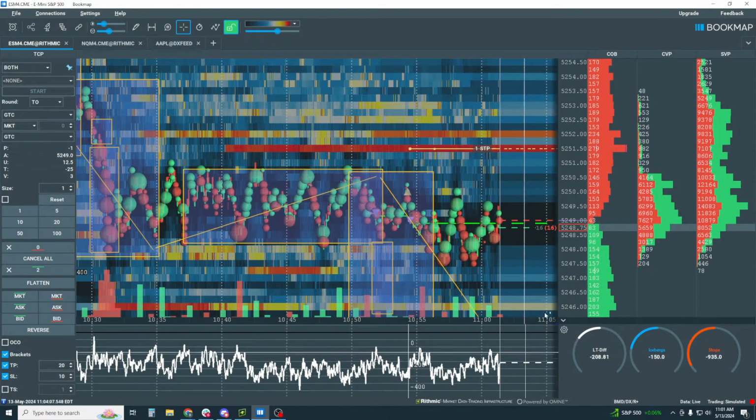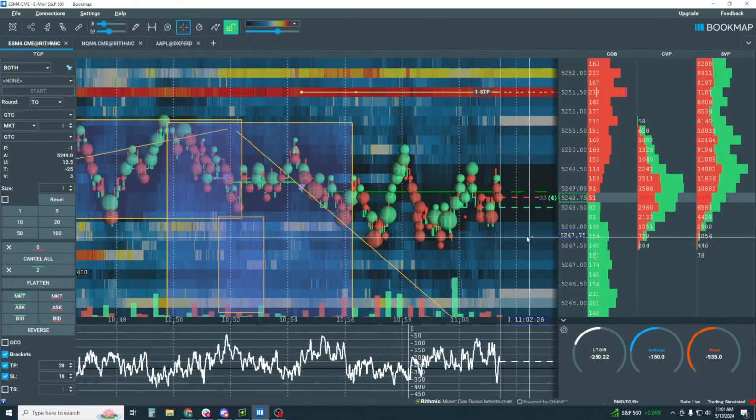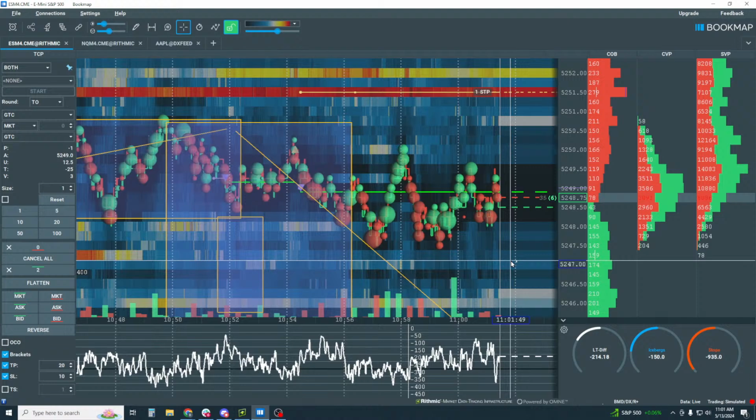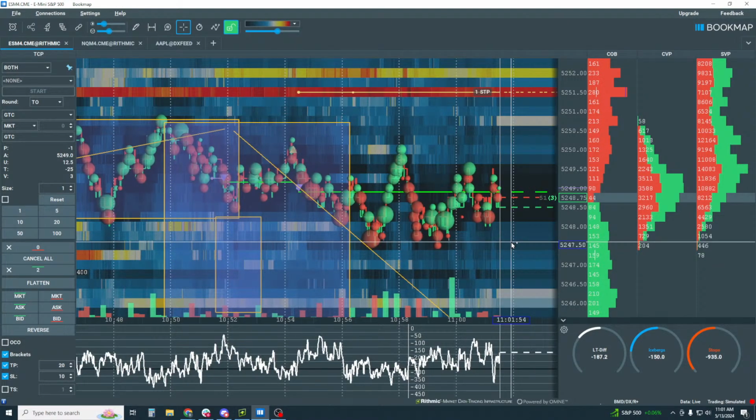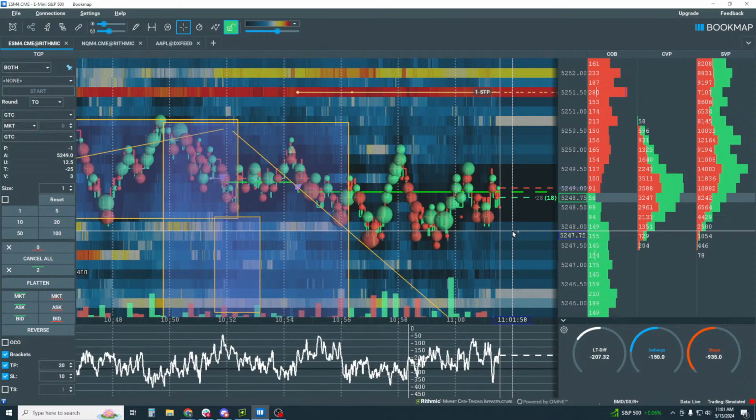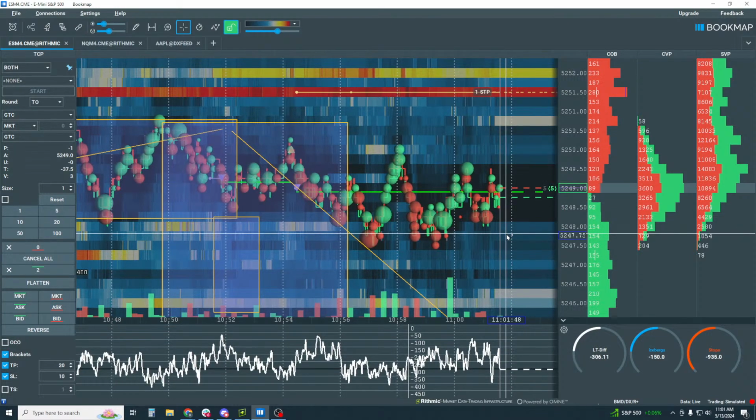Okay, you can see the order book. It's still on. They're on the bid here. So there's interest on the bid. This is not what we're looking for in our context.